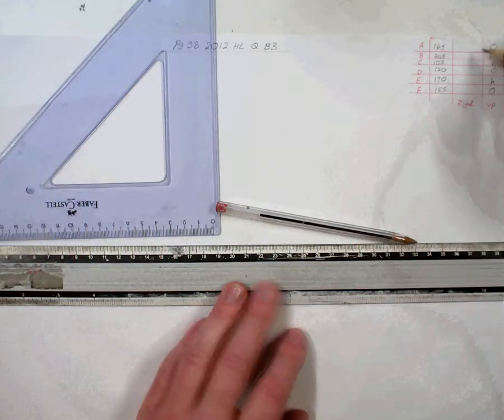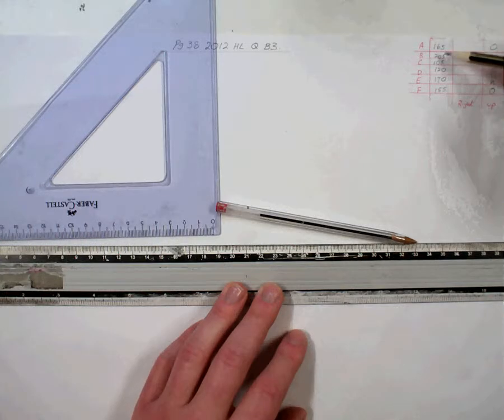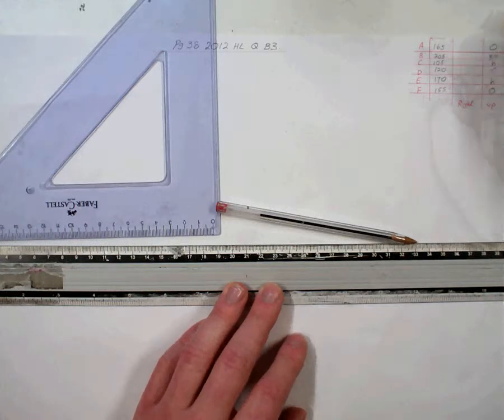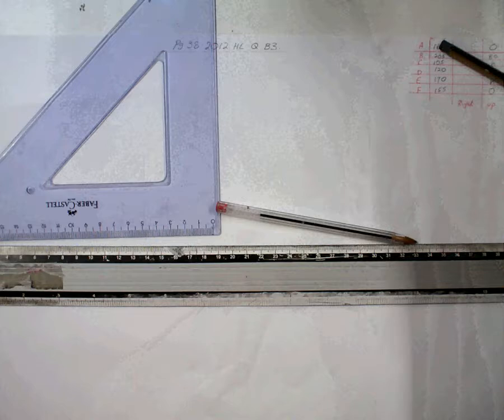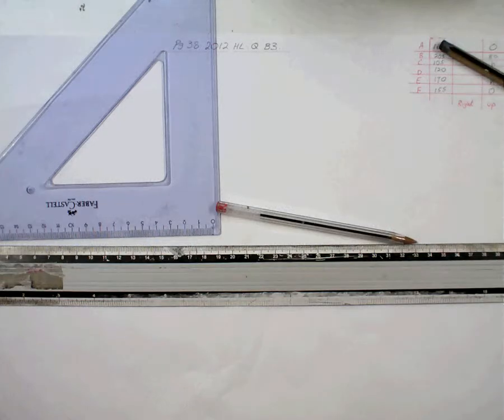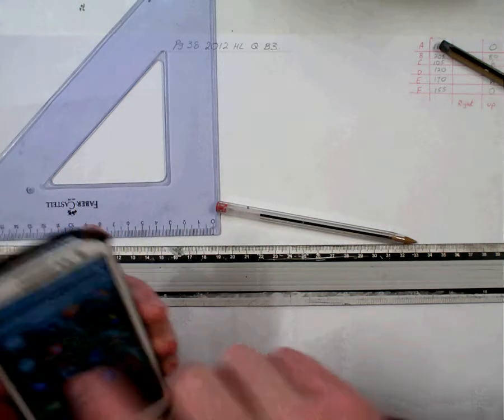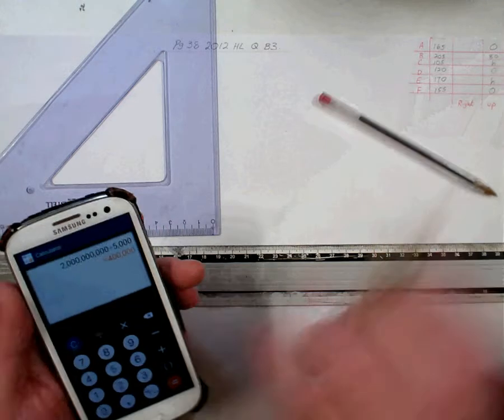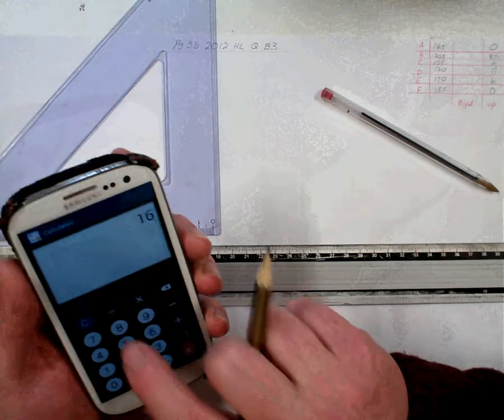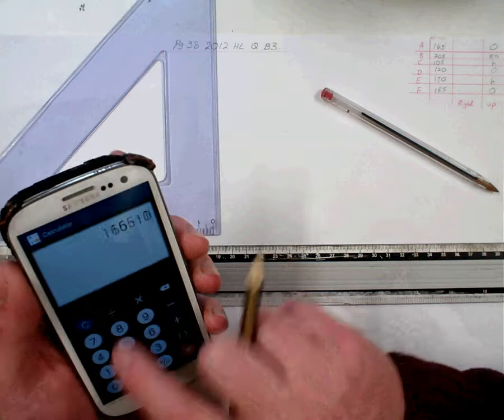Now, to fill up the right column, we look for the lowest number, which is 105, and we take 105 away from all other numbers in order to work out our value. So you always look for the lowest number, and you always take that lowest number away from the other values. In this case, we have 165 minus 105.